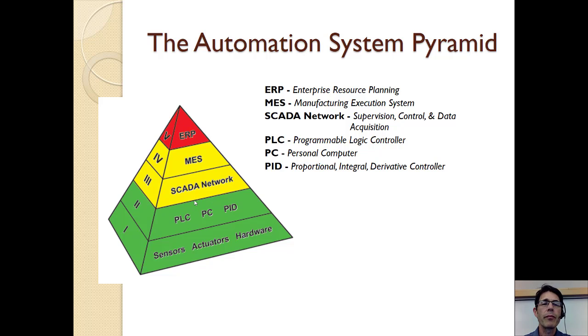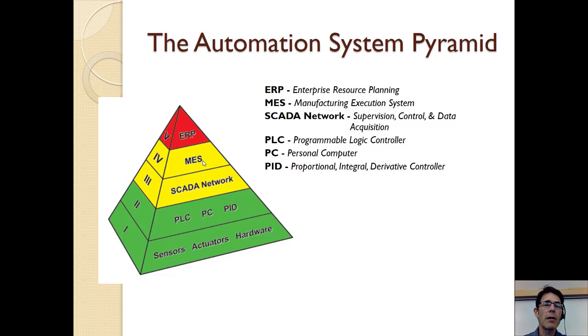So once you've got that set up with the local hardware and a SCADA network tying it together, the next level above that is the operational level where you're going to actually run the entire process. SCADA is really just to remotely actuate some various components or to monitor things, but it's not really at the level of actually running the process.